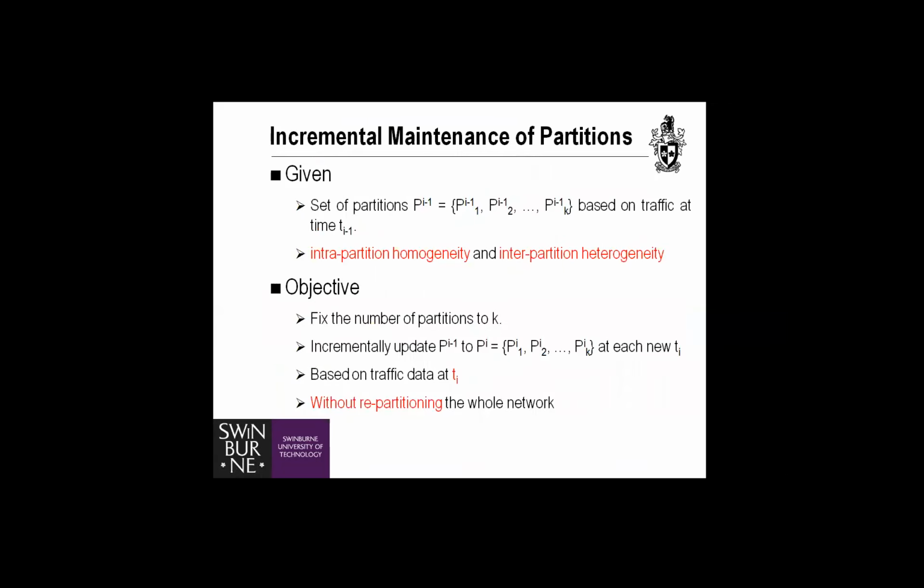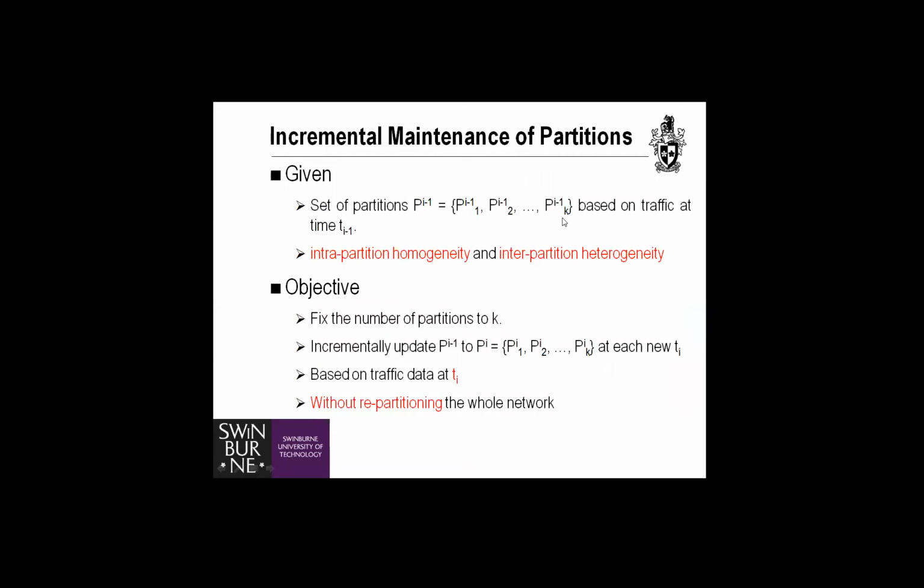The next step is how we incrementally maintain those partitions. Instead of repartitioning, as that is a computationally expensive task, we want to just incrementally update those partitions at each new time point with the latest traffic data. At this point of time, we have a given set of partitions. This i-1 indicates the previous time point, t-1.